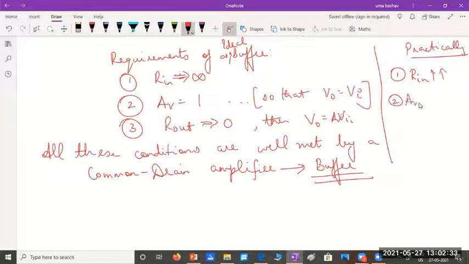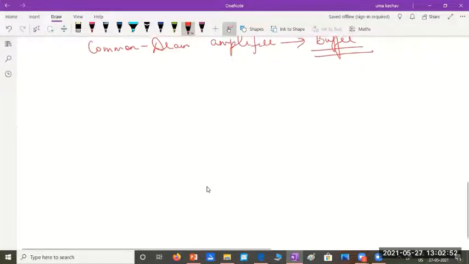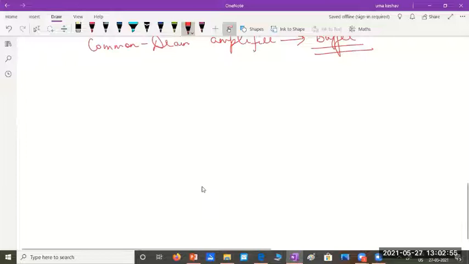Second condition, AV should be approximately equal to 1. It can be slightly less also. Third condition, Rout should be as low as possible. So these are the three things which we try to obtain in a buffer circuit. Is that clear? So this buffer can be implemented using a common drain amplifier. So let us study this common drain amplifier.